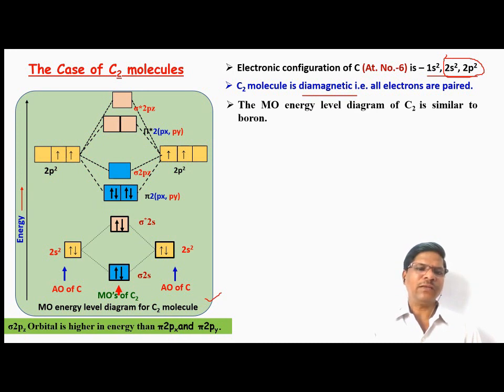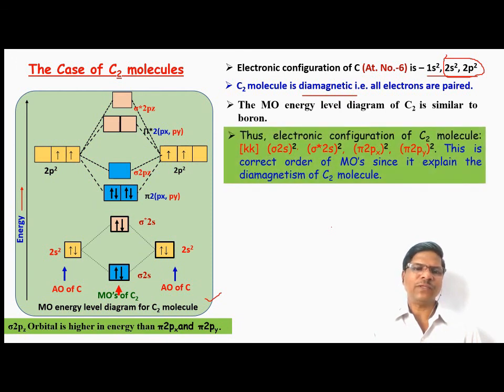So the carbon molecule electronic configuration becomes KK sigma 2s2 sigma star 2s2 pi 2px2 pi 2py2. All electrons are in the paired state, and as the electrons are paired, this is diamagnetic in nature.